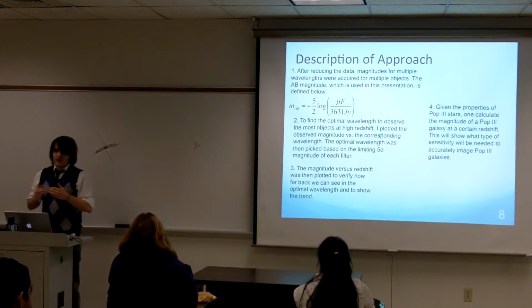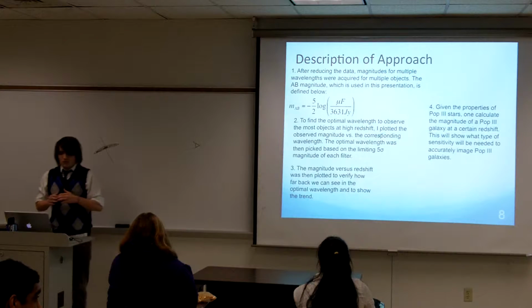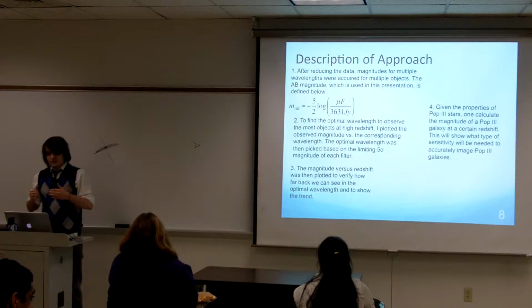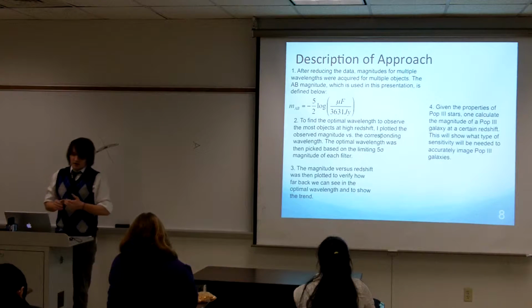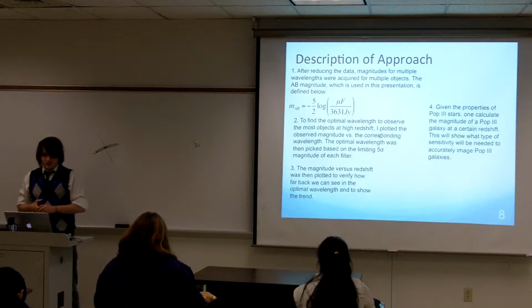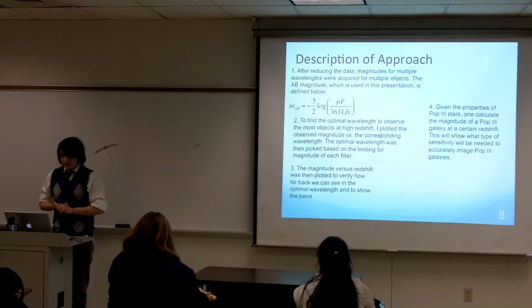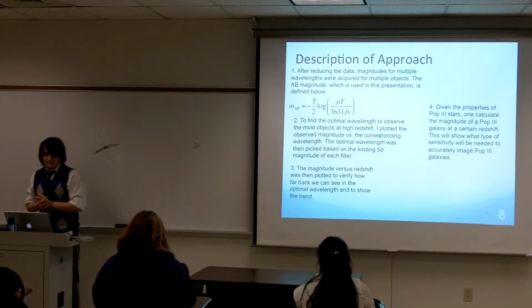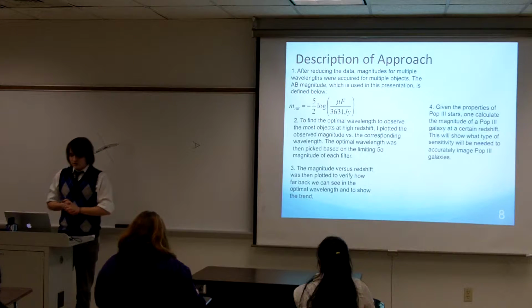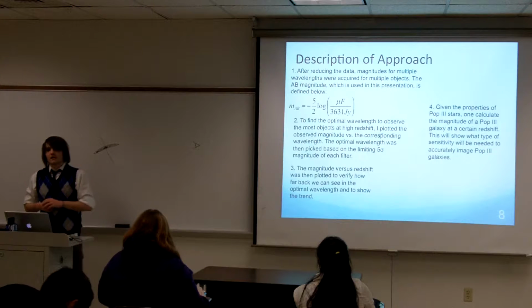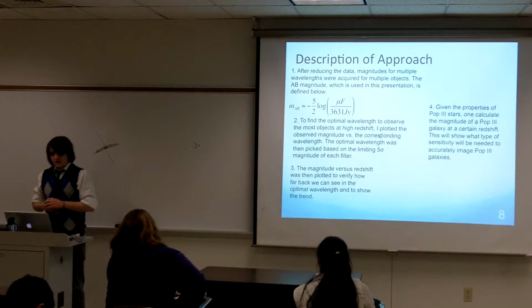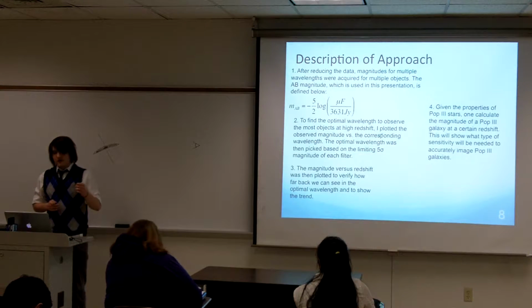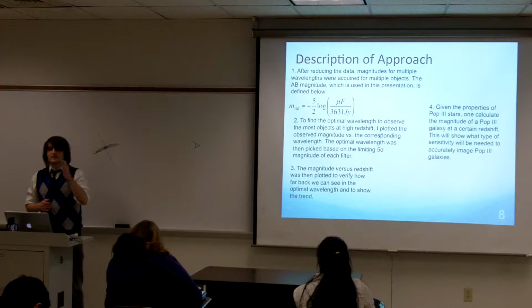And so I figured out a wavelength I could observe, a certain filter I could use the data at. And then I graphed the magnitude versus redshift plot to show a trend of the magnitudes, and also to verify the highest z of the given data set.